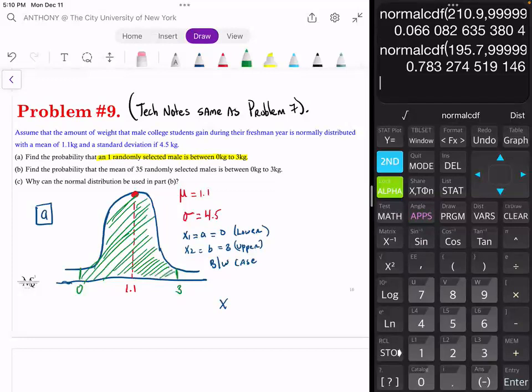So when I do the normal CDF command, it's going to be normal CDF of 0, 3, 1.1, 4.5. And when I compute this, we should get a value.